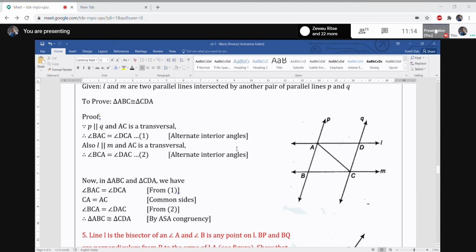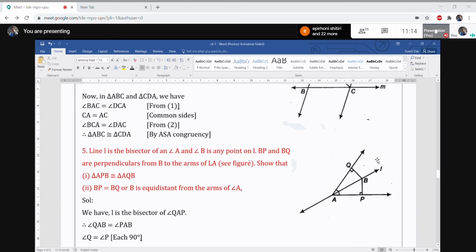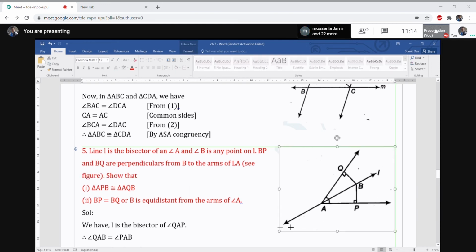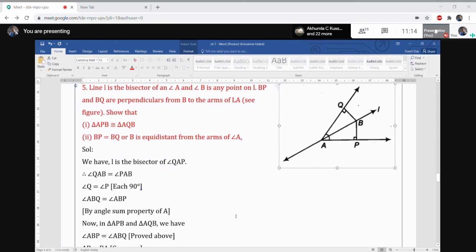Fine. Let's move forward. You can see I am a little bit faster because it's already done before. I'm just revising this one.